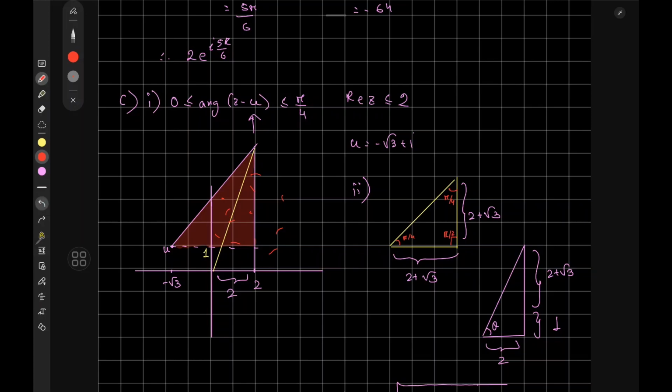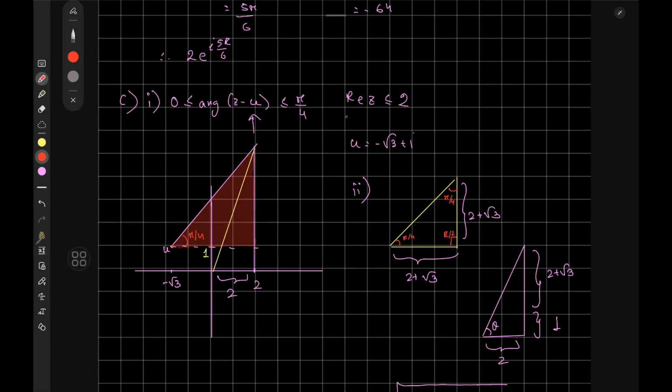So you draw the point u, draw an angle pi by 4, and draw a line over here, and this up till infinity is the shaded area where z can lie, because it's going to make an angle between 0 and pi by 4.